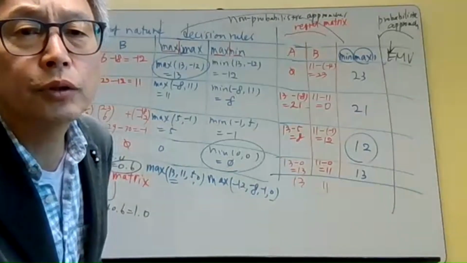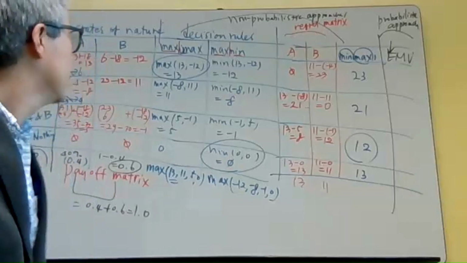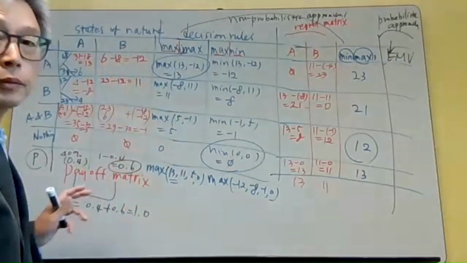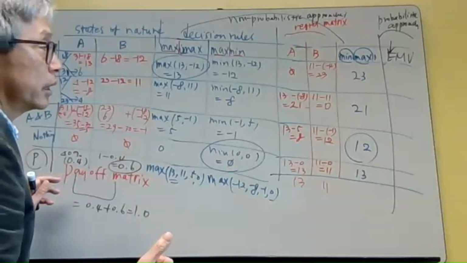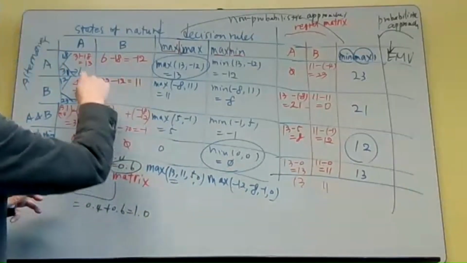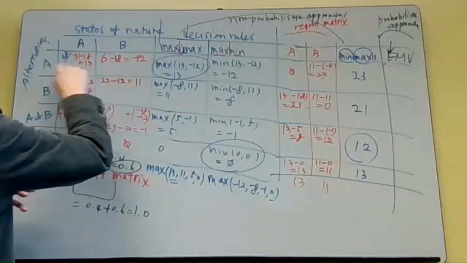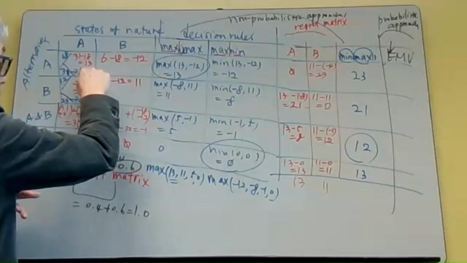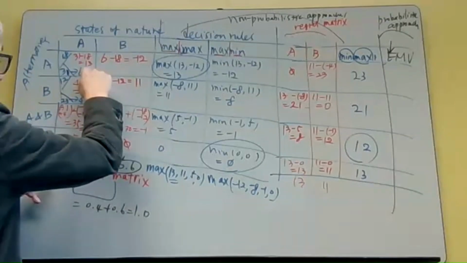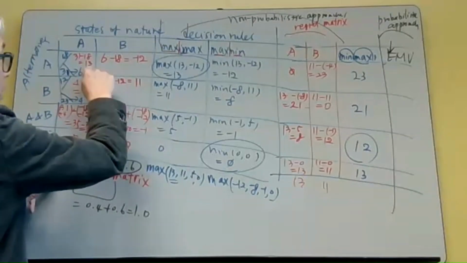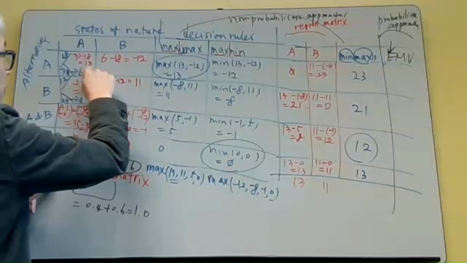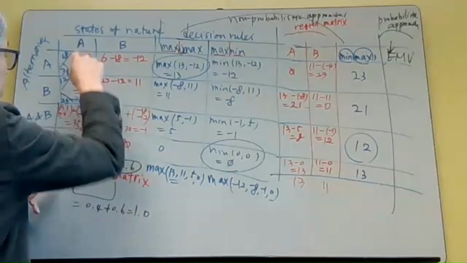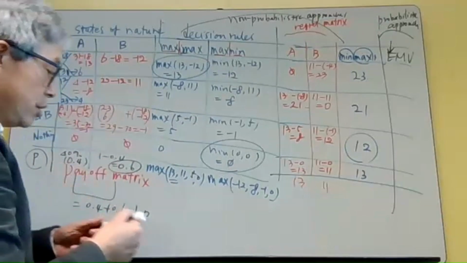All right, how we do this: we're going to use a payoff matrix to calculate expected monetary value. Our payoff for alternative A on the state of nature A is $30 million. The probability of having the new runway at the airport on this state of nature, location A, is 0.4.